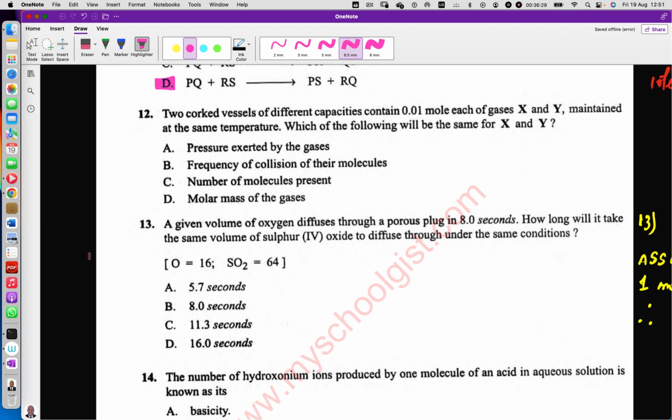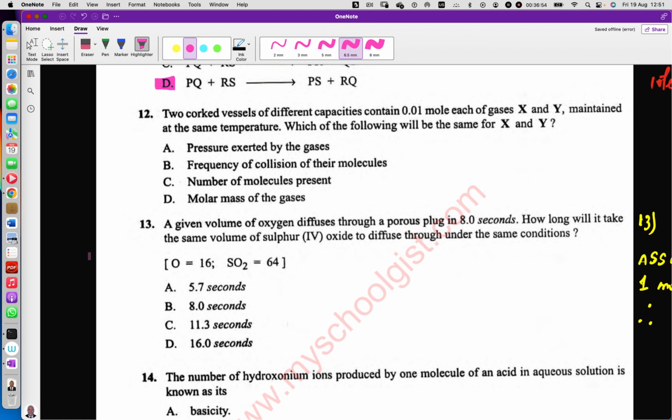A. Pressure exerted by the gases. B. Frequency of collision of their molecules. C. Number of molecules present. It has to do with volume.